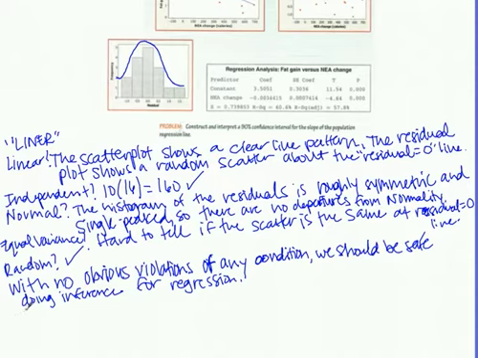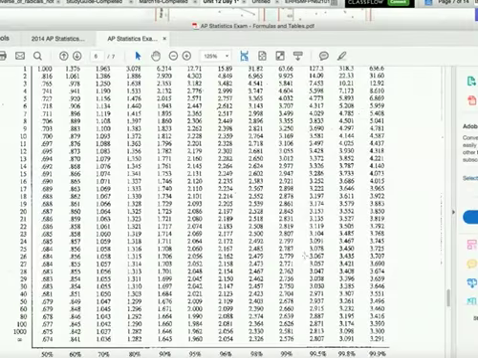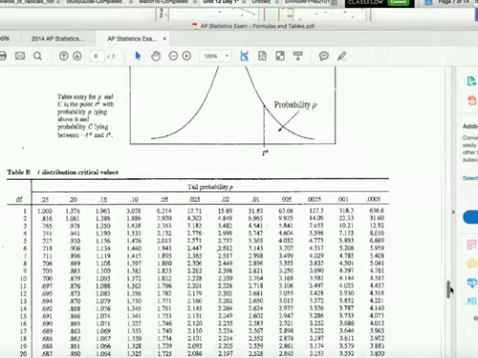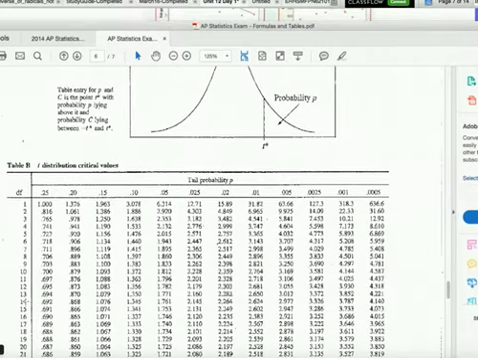Because we feel like we're okay to do inference, we're going to have to use a t-distribution. This would be our do step. To do the t-distribution, we'd have to use the degrees of freedom of n minus 2. Because we had 16 subjects, that makes our degrees of freedom 14. If we go back to our table B, we would be looking for degrees of freedom at 14.